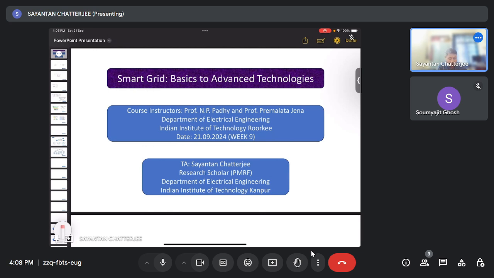We have mostly seen the converter technologies, their implementation in the modern or smart grid, and the renewable integration part, and how to implement them in a practical sense.